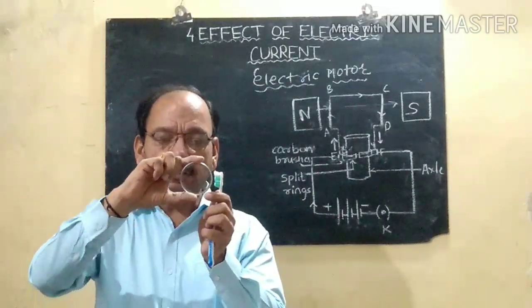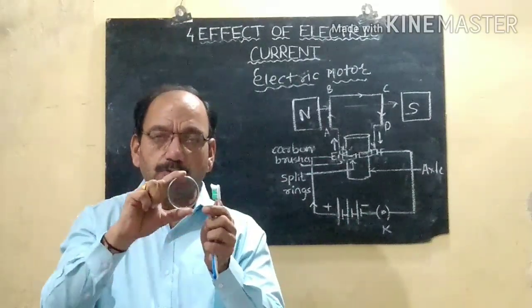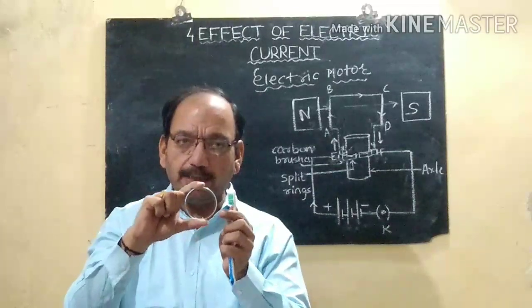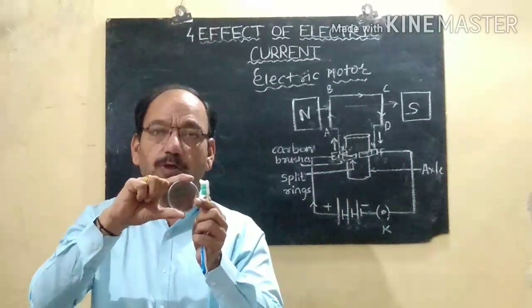When the axle starts, what happens? Due to the force applied on the arm AB of the armature coil, the axle starts to rotate.